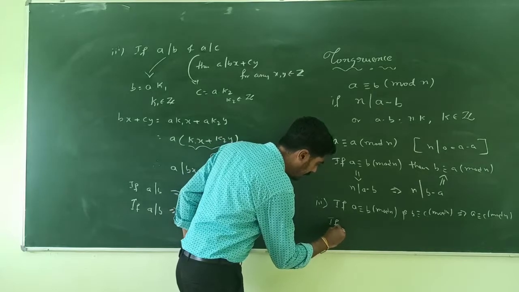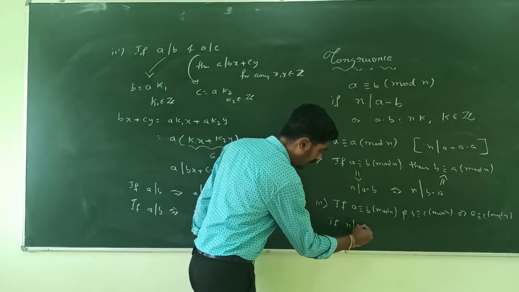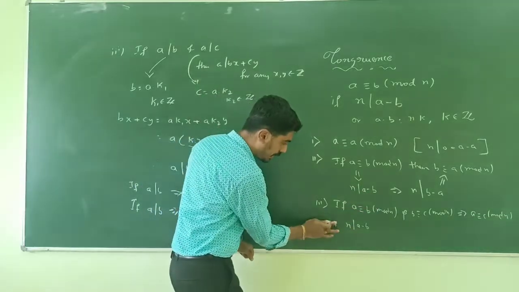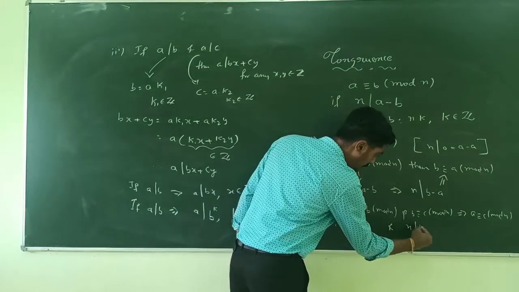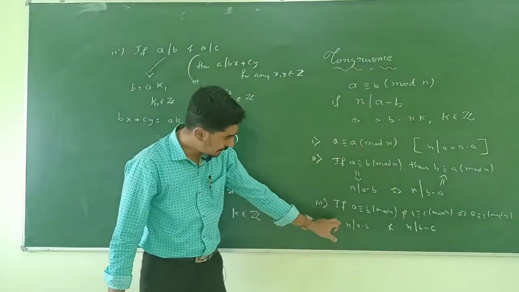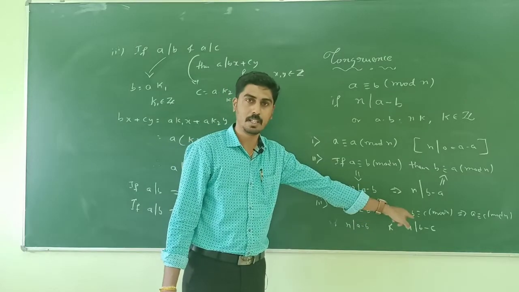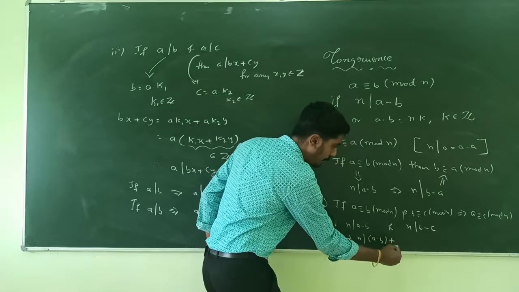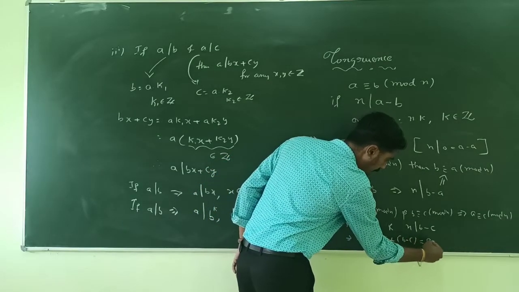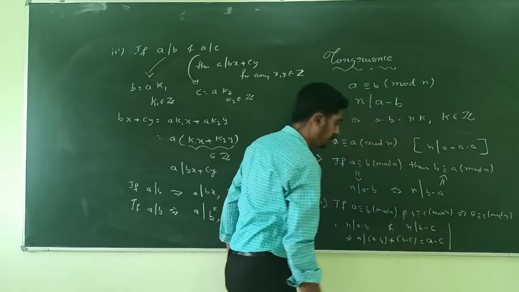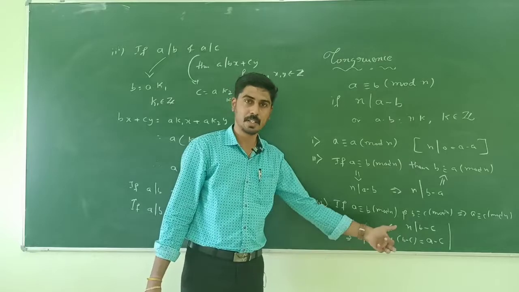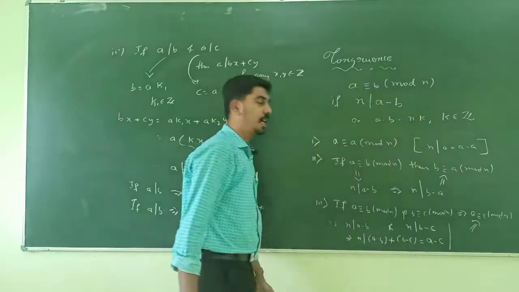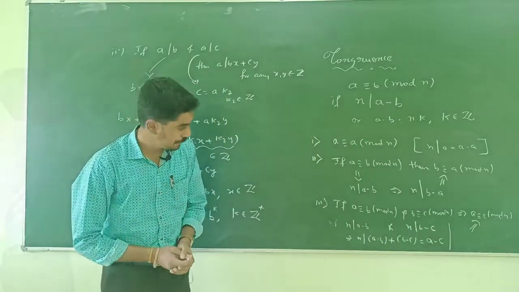If n divides A minus B, that's A congruent to B mod n, and n divides B minus C, this implies n divides A minus B plus B minus C, which is A minus C. Minus B plus B gets cancelled. We get n divides A minus C, so that A is congruent to C modulo n.